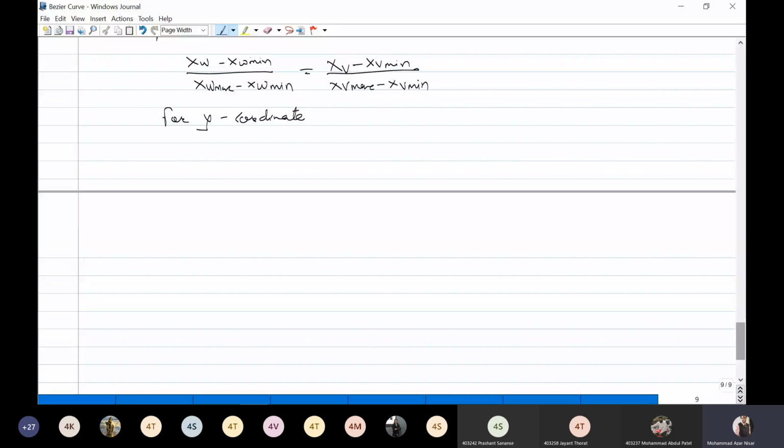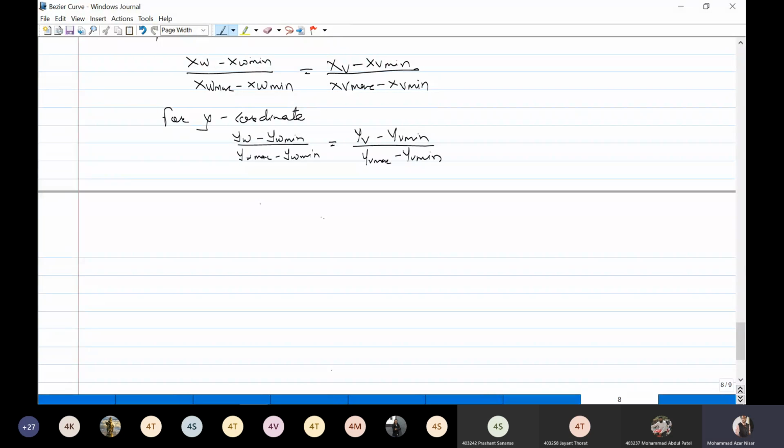Similarly for y we use yw minus yw minimum divided by yw maximum minus yw minimum. Then yv minus yv minimum divided by yv max minus yv minimum.